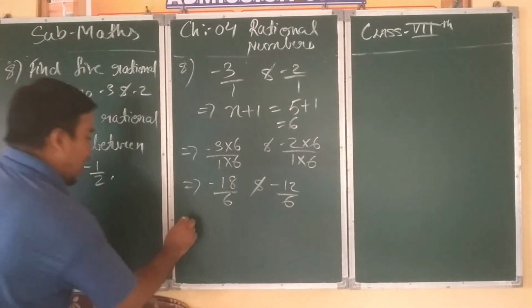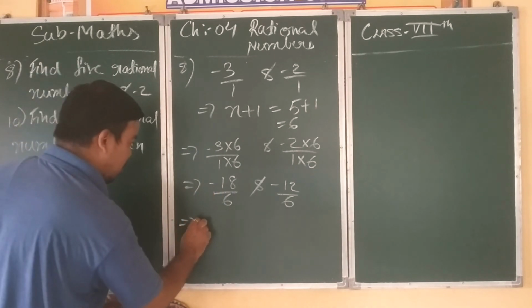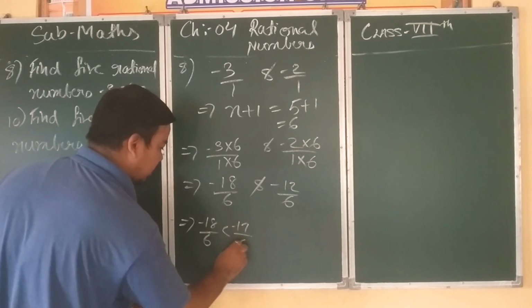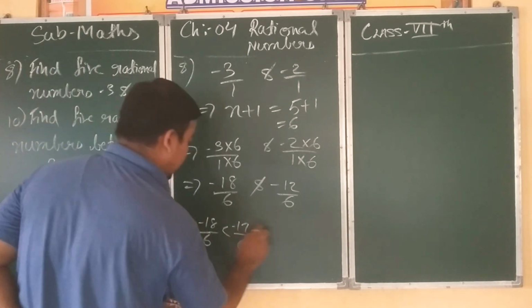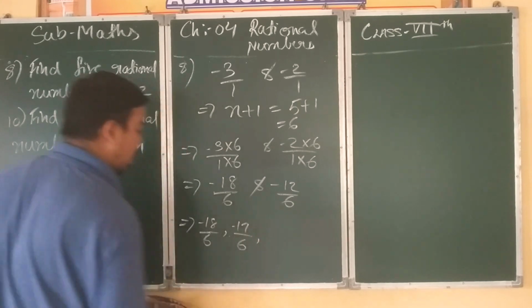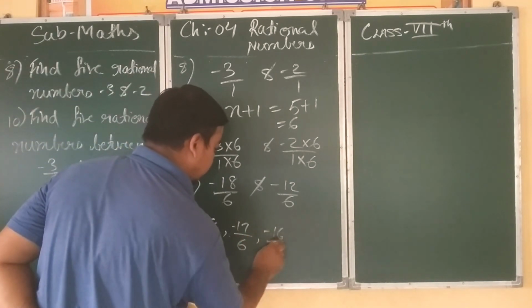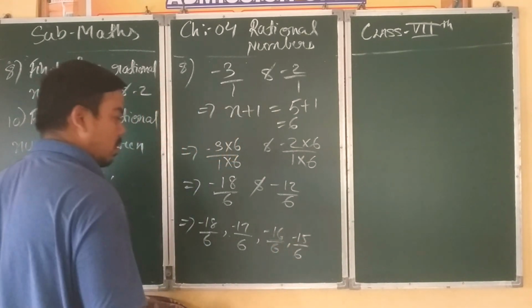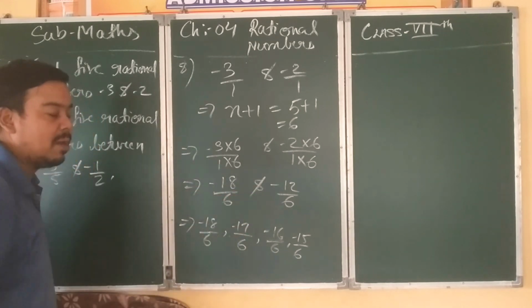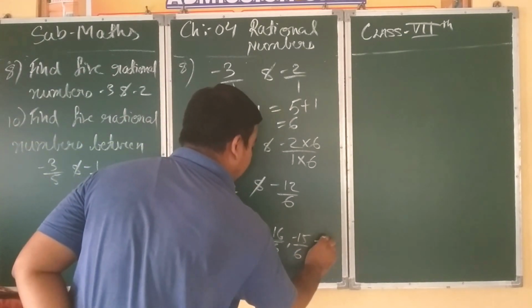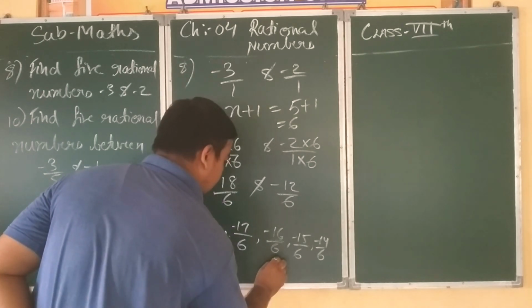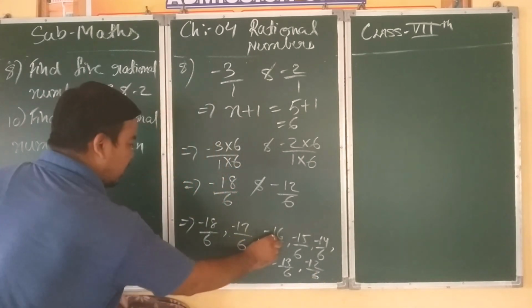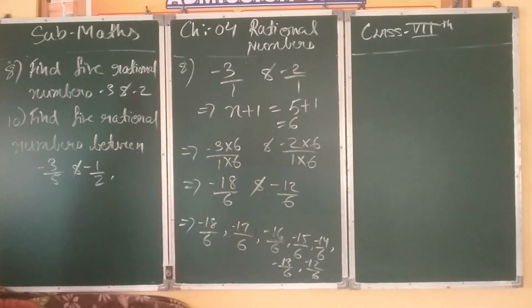So now you find the numbers between minus 18 by 6 and minus 12 by 6, you don't count these.